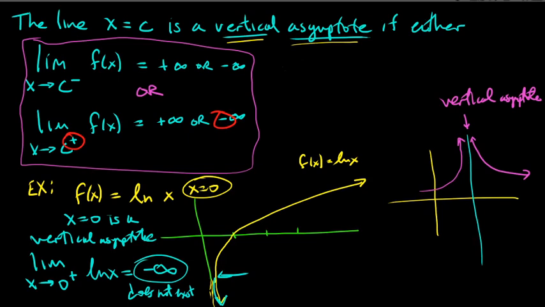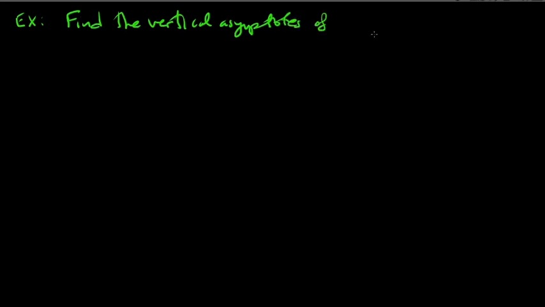Yeah, so let's do an example that you probably have done before. So find the vertical asymptote of the function. So let's do x plus 5 over x squared plus 6x plus 5.